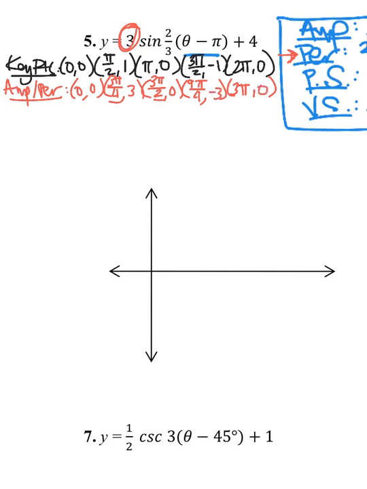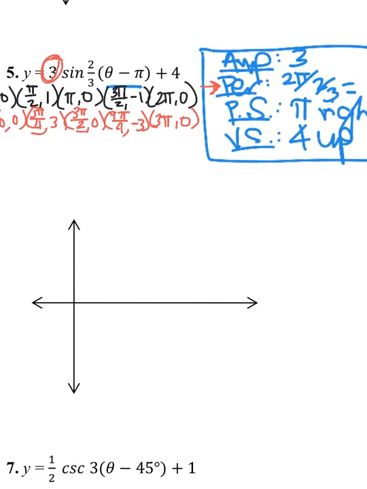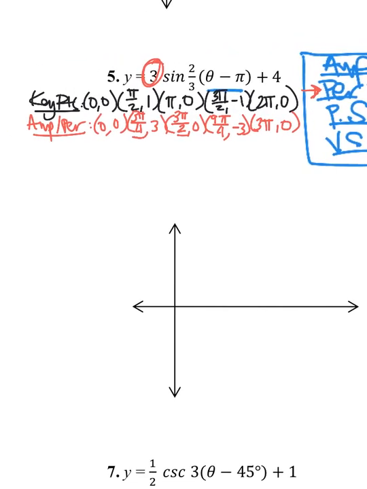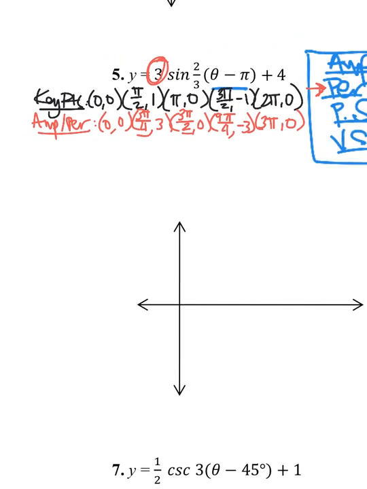Quick note here, for the amplitude, if that 3 was negative, here for amplitude I would still write positive 3 because amplitude is a measure of distance. However, when I get to this step with the key points, I would multiply all the y-coordinates by -3. And that allows you to see that reflection across the x-axis.